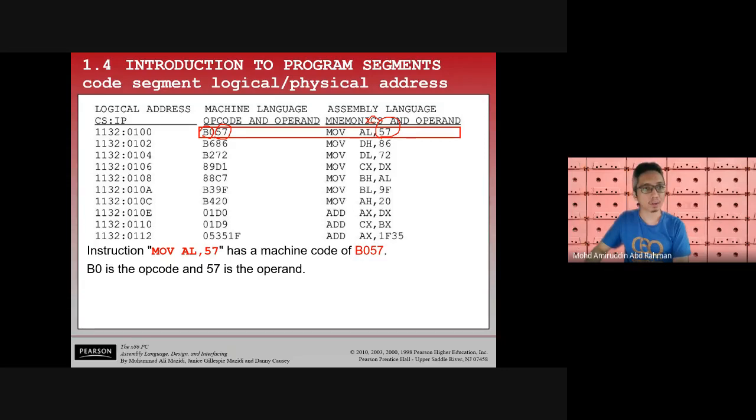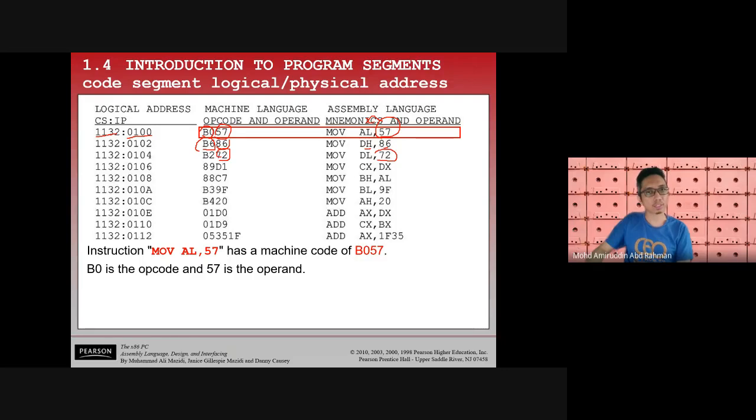And then the logical address is at 1132:0100. We also have the command of moving 86 to DH, so we have B6 as the moving command for DH, and 86 is the value. Right, so you look here, we have 72, and also 72 back.